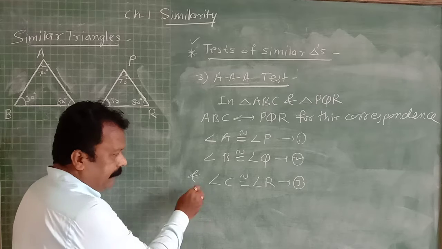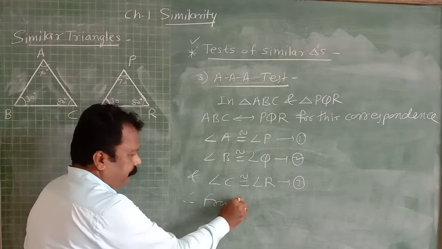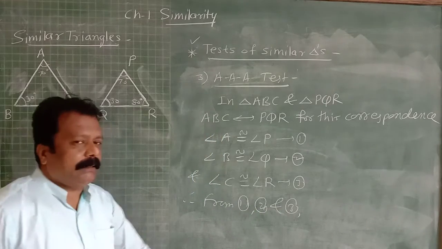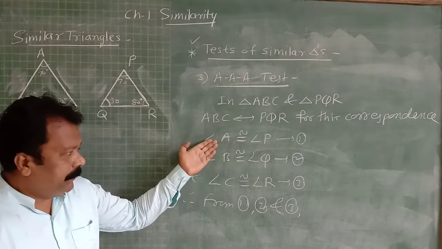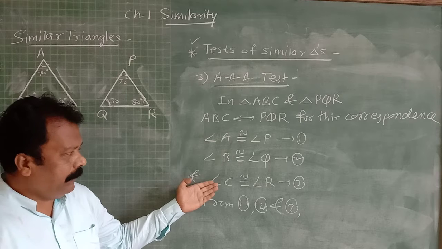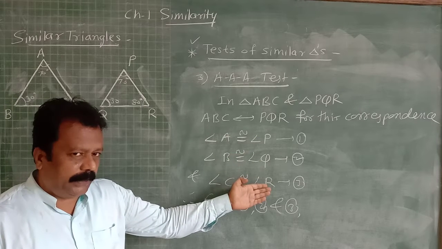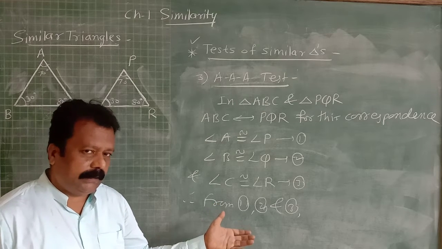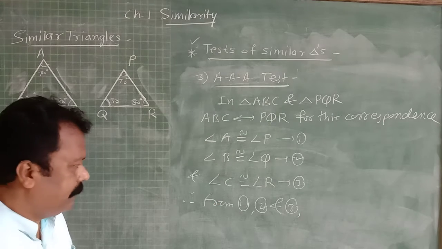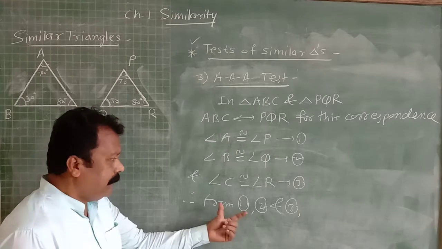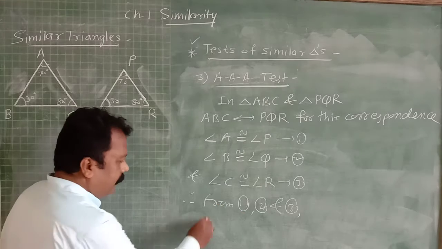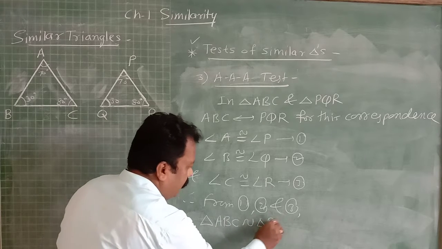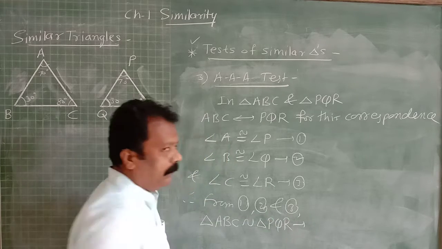Therefore, from 1 to 3, what can we say? If three angles of one triangle are congruent with the corresponding three angles of another triangle, then the two triangles are similar to each other. This is the statement of the AAA test. According to the AAA test, from 1 to 3, triangle ABC is similar to triangle PQR.